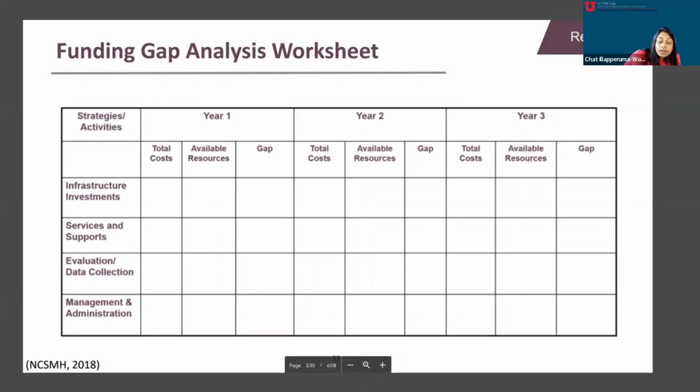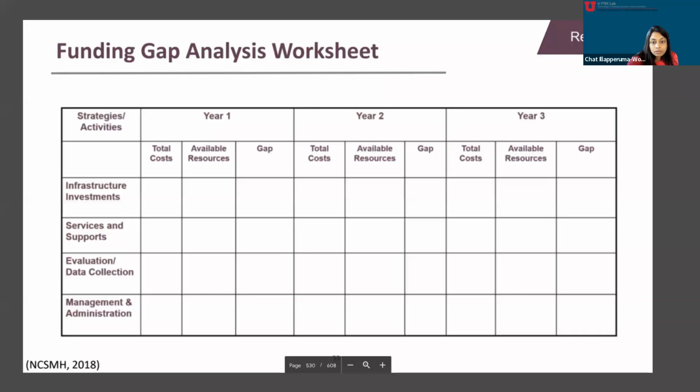And then you want to identify if there are any gaps in your funding systems, and if there are, what are those gaps? The gaps are really between what your current needs are and the resources that you have.